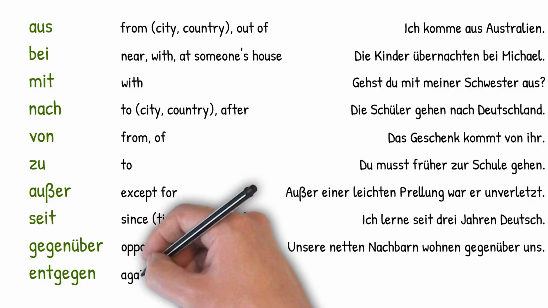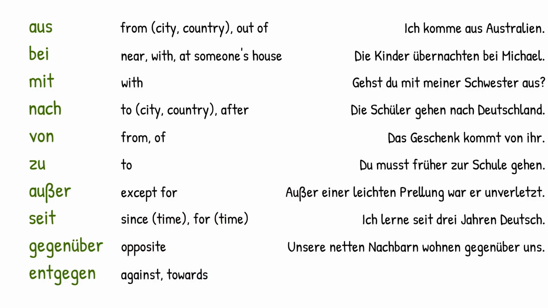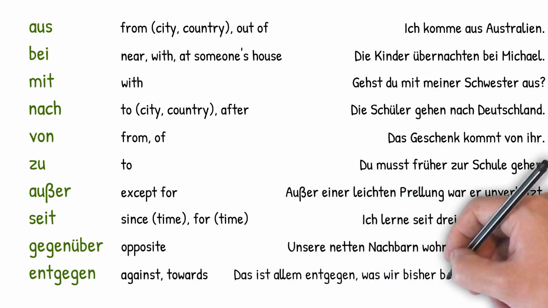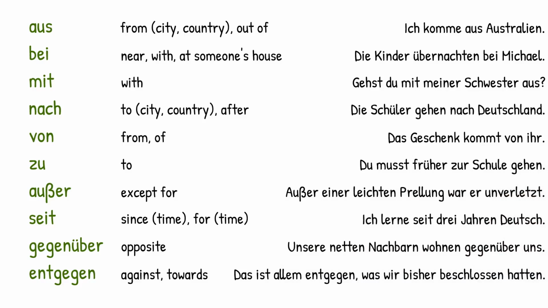Entgegen means against or towards. For example, das ist allem entgegen, was wir bisher beschlossen hatten. That's against everything that we'd decided up to that point. You will have noticed that German prepositions do not have exact English equivalents. You simply have to learn through lots of exposure to the German language exactly when each preposition is used. That's half the fun of it.